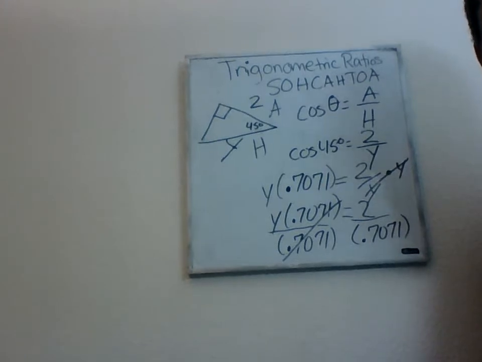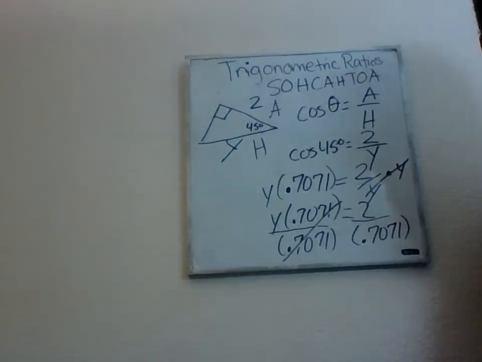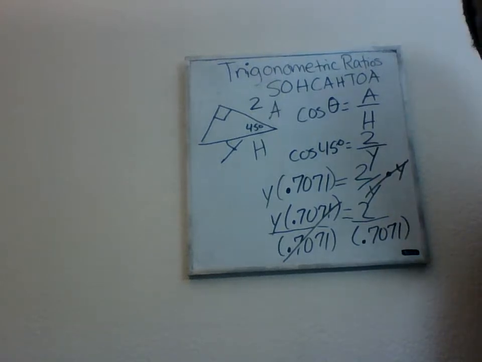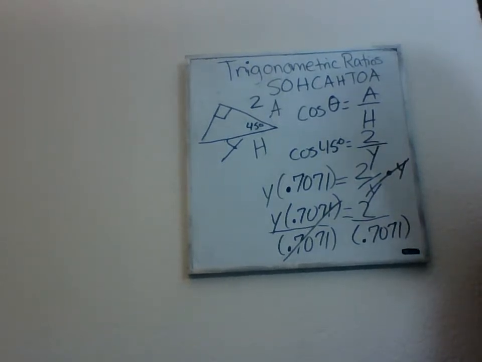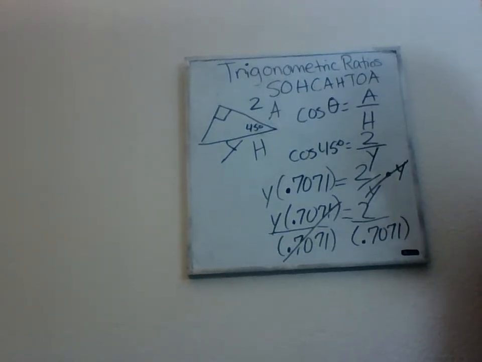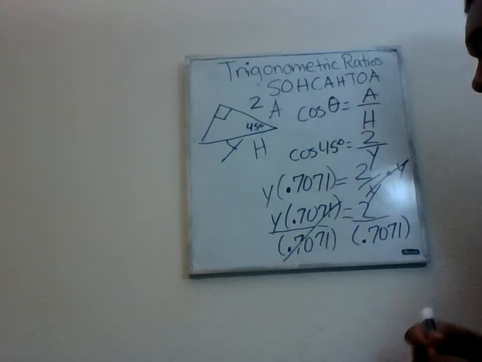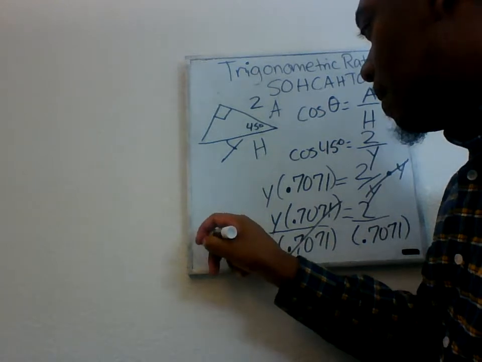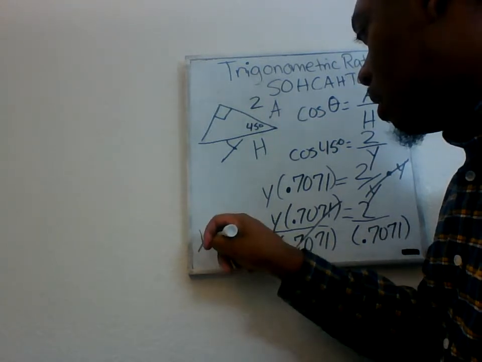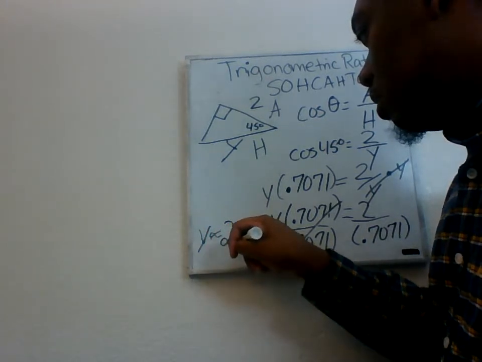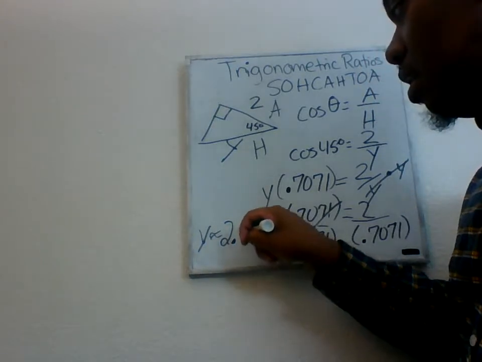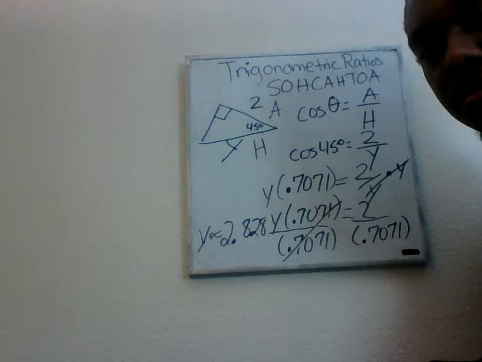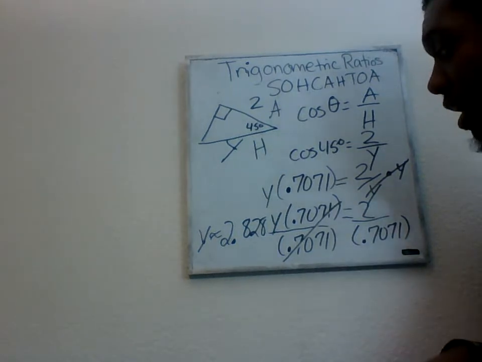So if I did 2 divided by 0.7071, I would end up with 2.828.